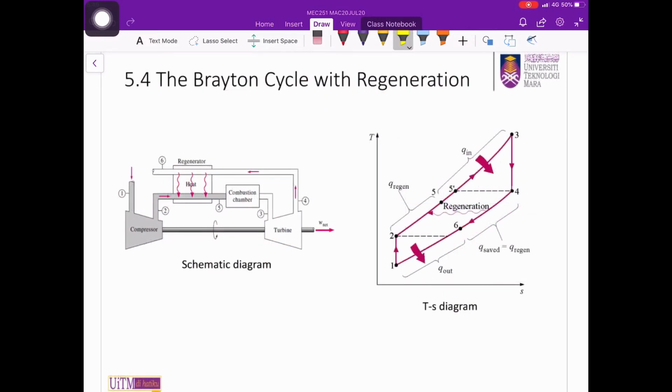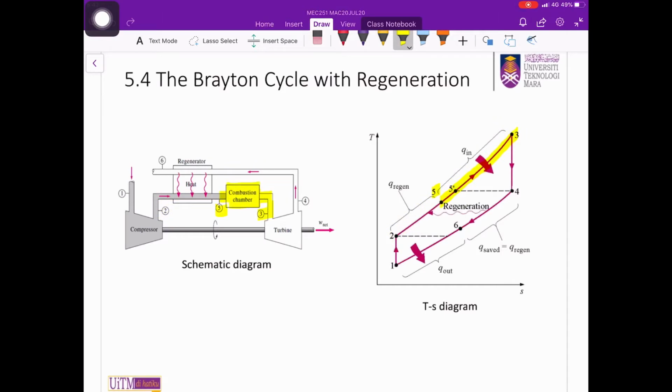Now let's have a look at the schematic diagram and the T-S diagram for the Brayton cycle with regeneration. First, the fresh air will enter the compressor to be compressed. The compressed air will then enter the regenerator, where the temperature of the compressed air will increase.